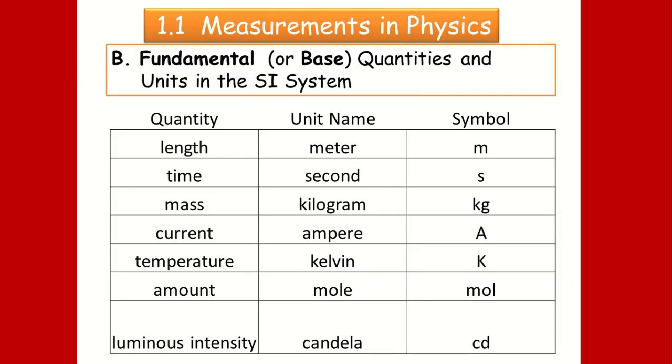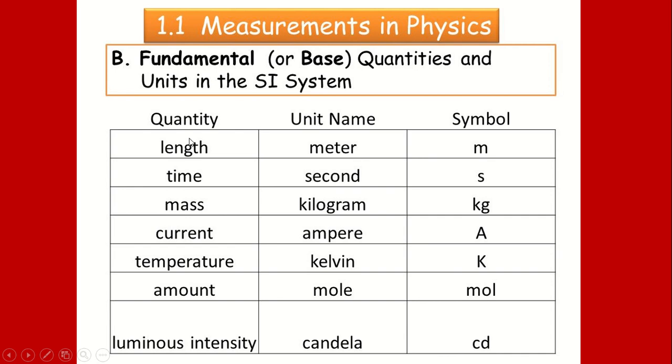Dear students, there are only 7 fundamental quantities, and I have made one chart of those 7 fundamental quantities and their units. Okay, you must memorize this chart. These quantities and the units are also given in your book, but here I have made one chart so that you can memorize it very easily.